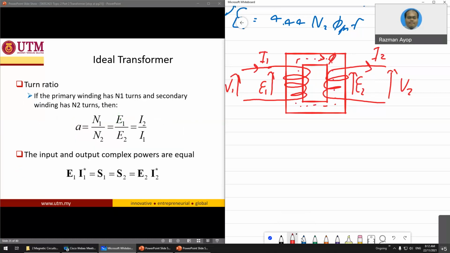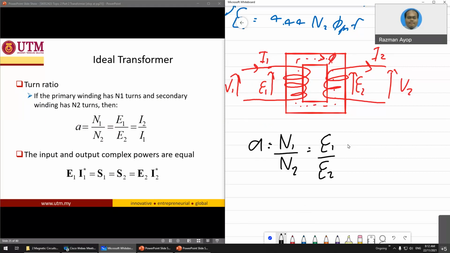Okay, the important thing is you need to know what the turn ratio is. The turn ratio is basically alpha, but in this case we use A. A equals N1 divided by N2, which equals E1 divided by E2.